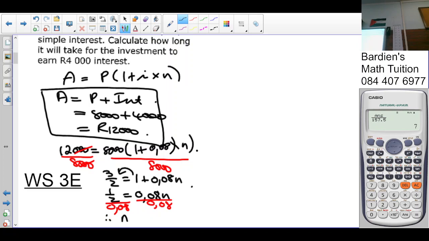So therefore N is equal to a half divided by 0.08, which gives us 6.25 years. Okay, 6 and 1/4 of a year.